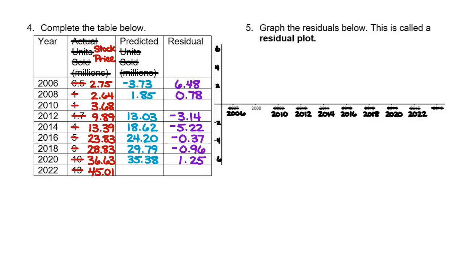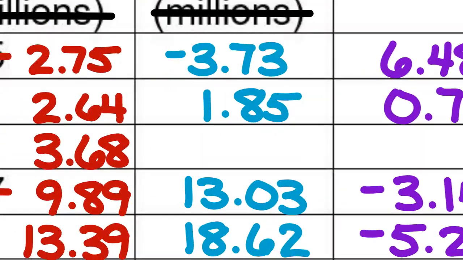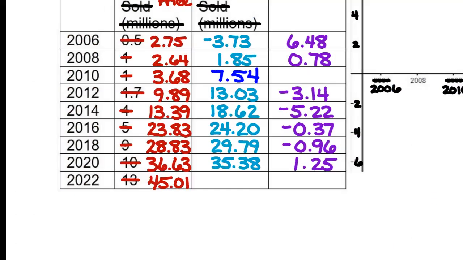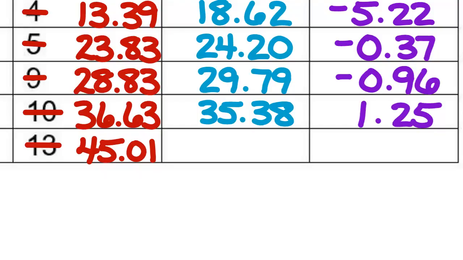I plugged them into that least squares regression equation, and you guys actually calculated 2 of these. What was the prediction for 2010? 7.54. And then what was our prediction for 2022? 41.06.